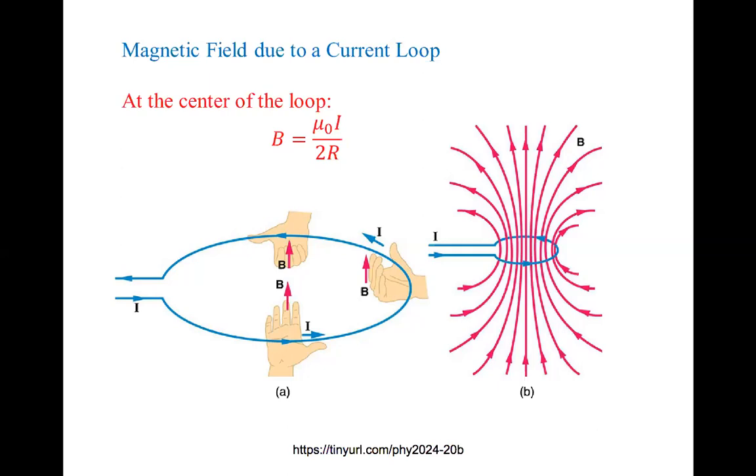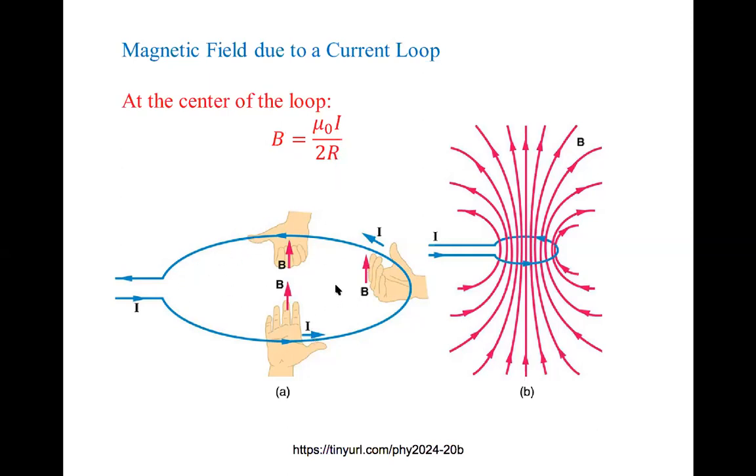But for a circular loop carrying current, at the middle of the circle, B is equal to mu naught times I divided by 2 times R, where R is the radius of this loop.